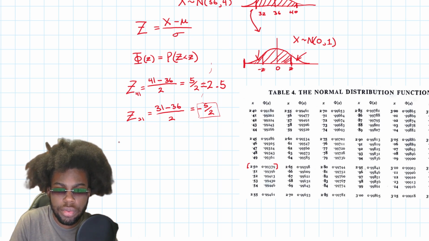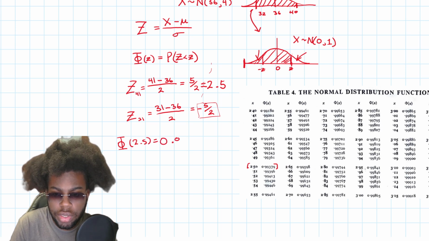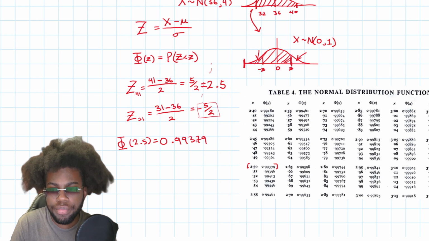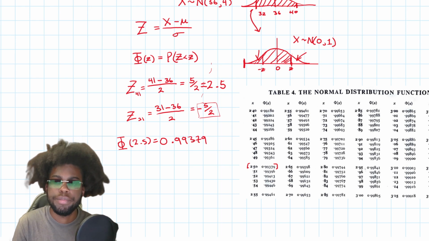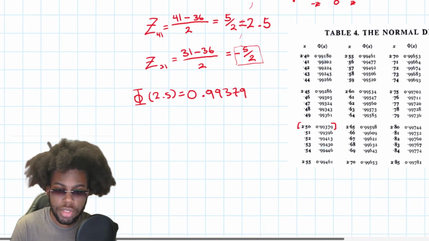So let's say that phi of 2.5 is equal to 0.99379. Perfect.